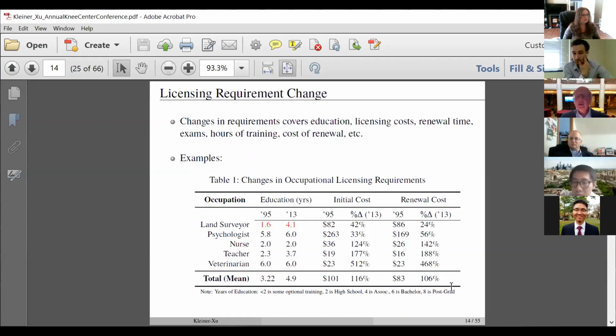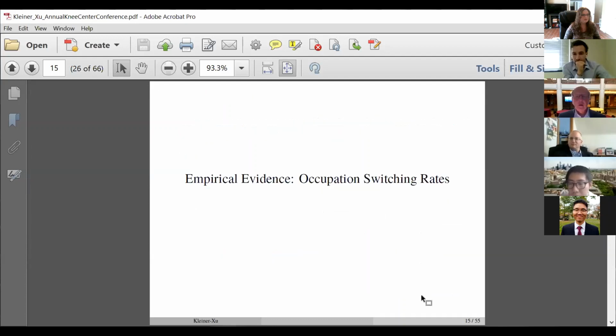This might be a source of revenue for states, although I haven't examined this, so that rather than raising taxes for everyone, the initial and renewal costs for licensing can go up. It might be a source of revenue, especially when one fifth of workers have to pay to enter those occupations. So that's the model.